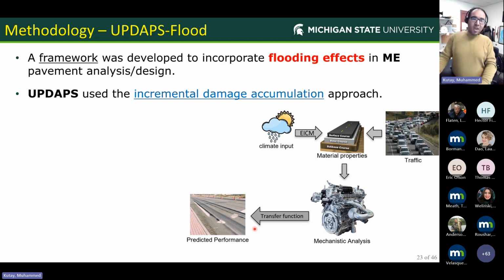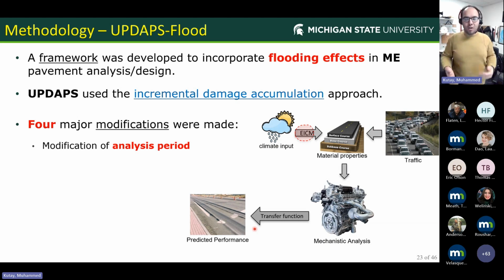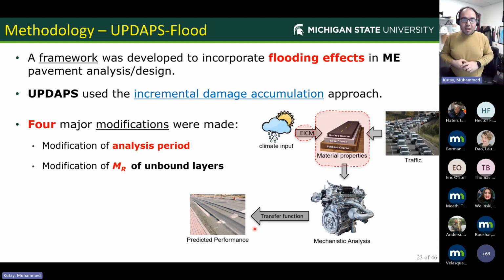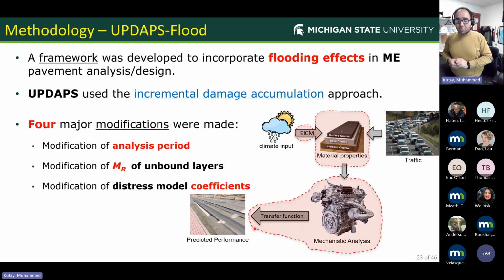Now, there are four main modifications to make UPDAPS-Flood. The first one is the modification in the analysis period, the reason for which we discuss in the next slide. The next is the resilient modulus of the unbound material. The material properties change due to flooding, and we are incorporating that. The next is the distress model coefficients.